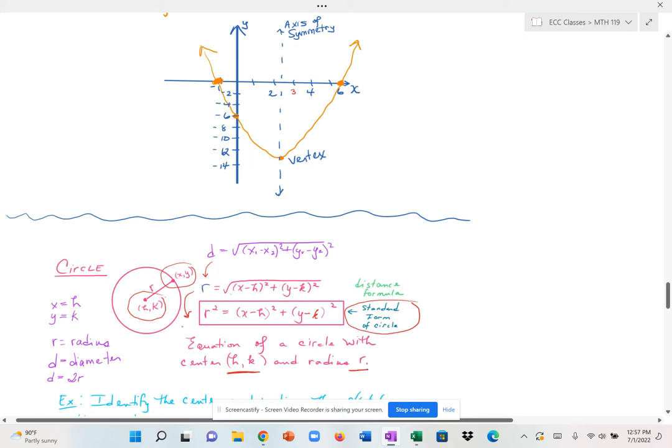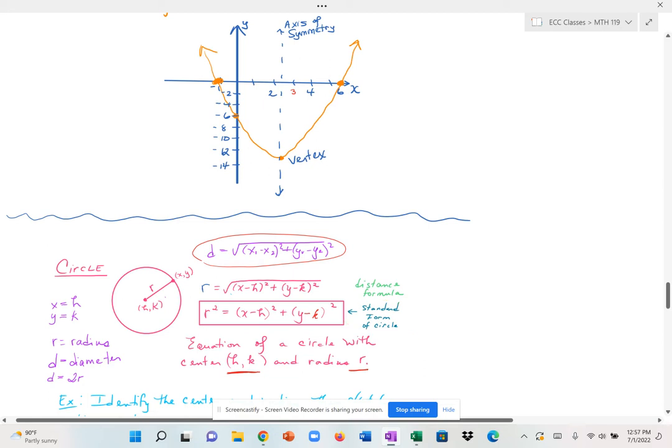So if we have an equation of a circle that looks like this, we can easily pick out what the center is and what the radius is. Both pieces of information make it possible for you to graph the circle. Remember, the radius is just the distance from the center to any point on the circle, which is why it makes sense that we were able to use the distance formula here.